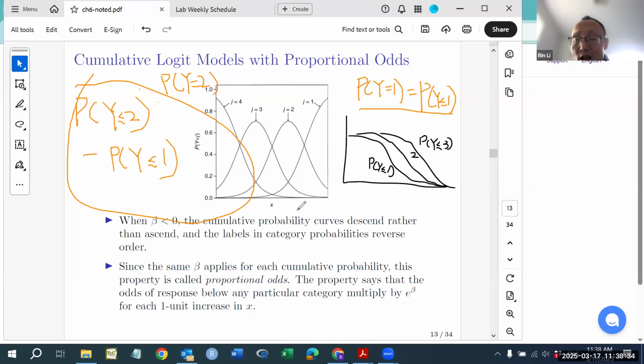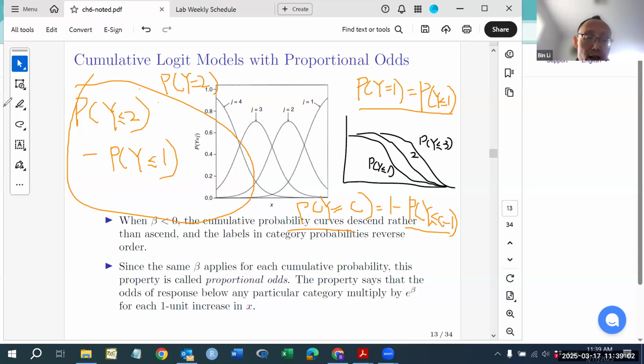And you may ask how to get the probability of y equals c, the number of categories we have. That equals 1 minus the probability of y less than or equal to c minus 1. Is that right? We can get that, then 1 minus that, we can get that.